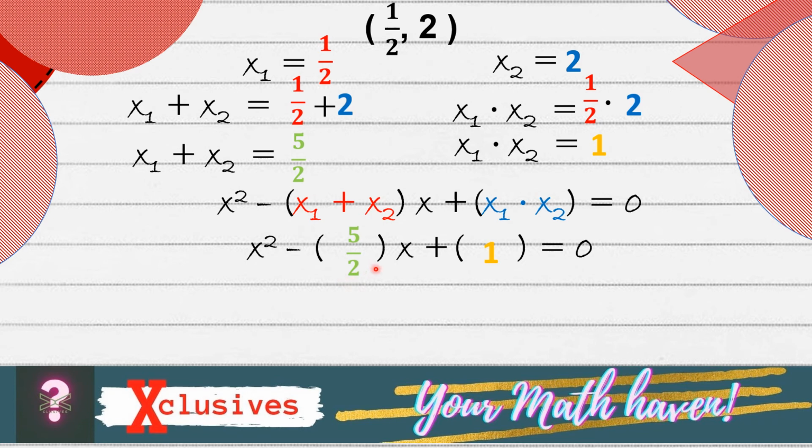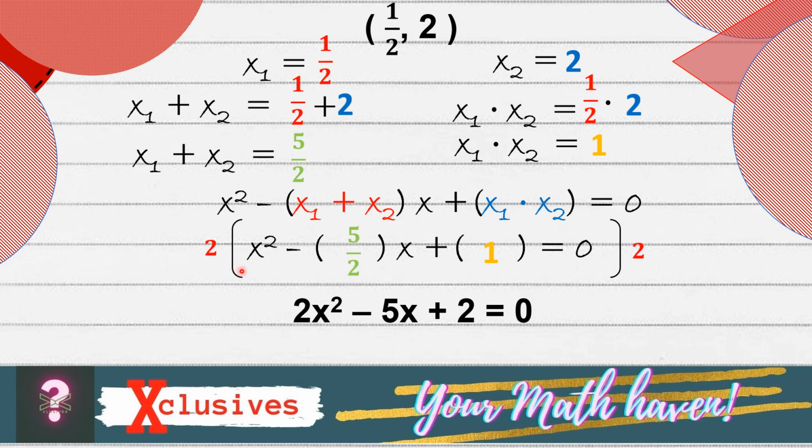To make this a whole number, we are going to multiply both sides of the equation by 2. So let us start multiplying. We can distribute 2 to this side.